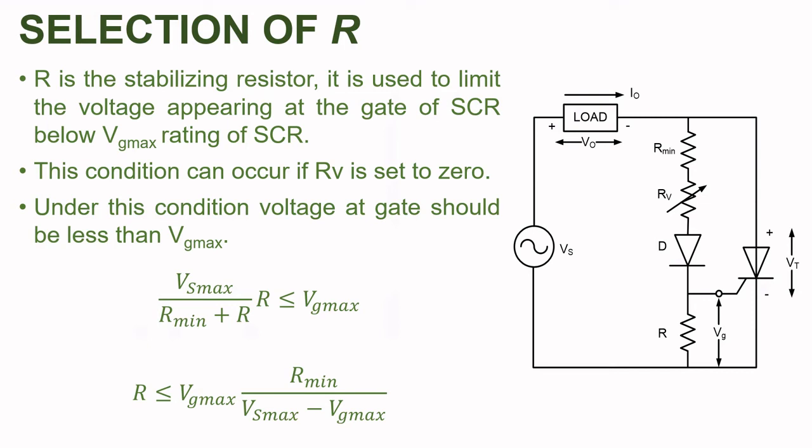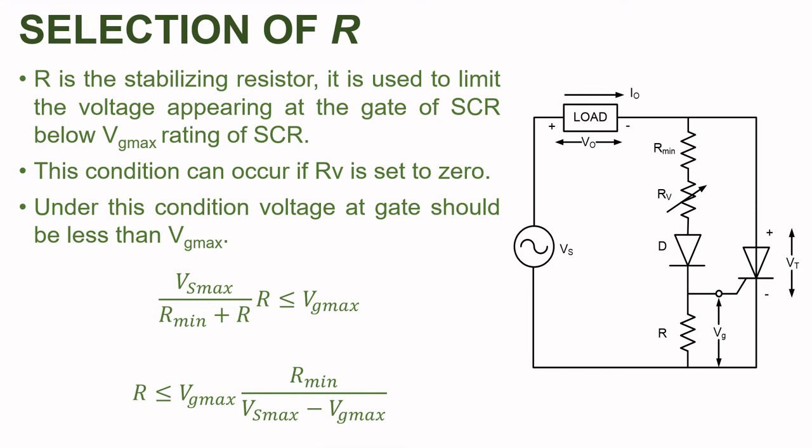Selection of R, which is also known as the stabilizing resistance. If the voltage appearing across the gate is higher than Vg max, then our gate may get damaged. Thus, we are using the value of stabilizing resistance R for limiting this value.